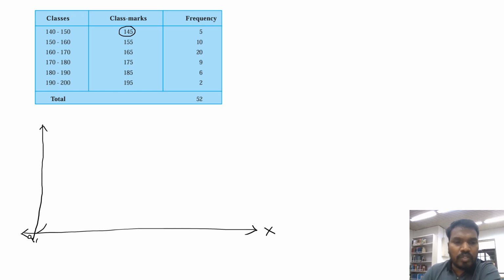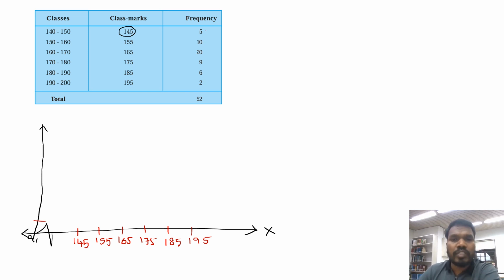So as I said, you use the break symbol such that all the values are there already. Here the values are there but we are skipping, so therefore I am taking it from 145, 155, 165, 175, 185, 195.